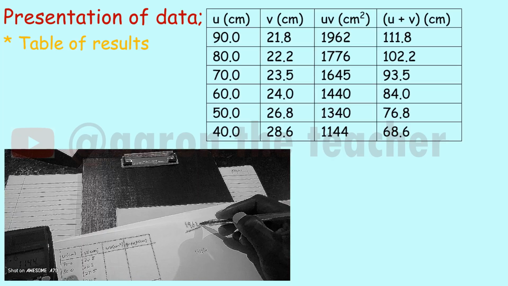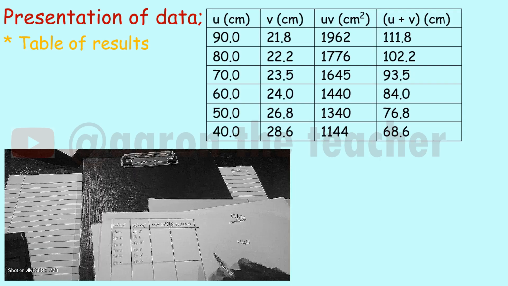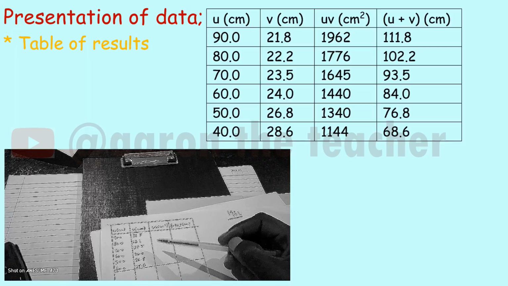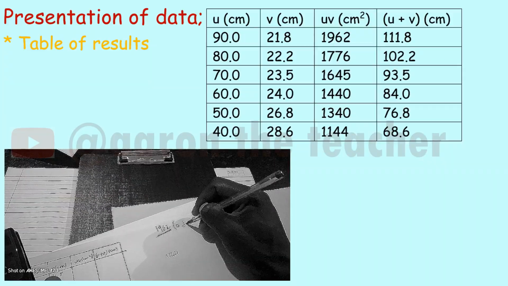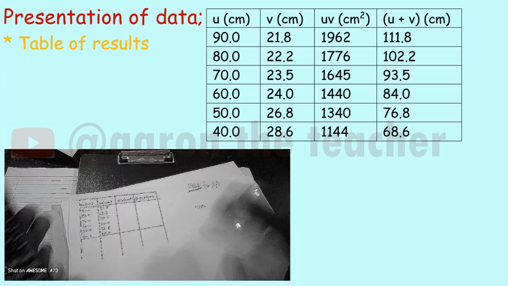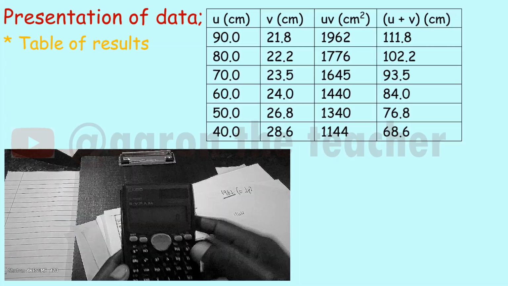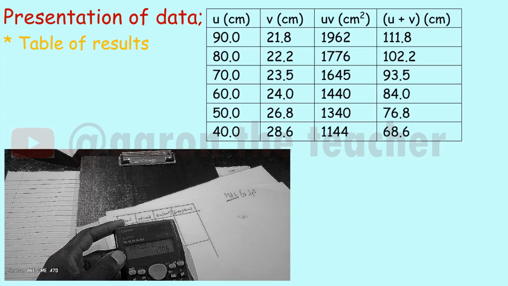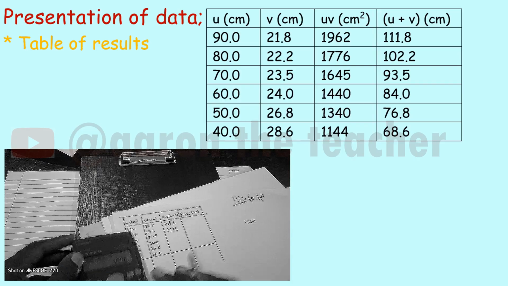As we can look, it is having 0 decimal places, meaning the rest of the products in that column are going to take 0 decimal points. So we shall come on this, and it will be 1962. We multiply 80 times 22.2 to get 1776.